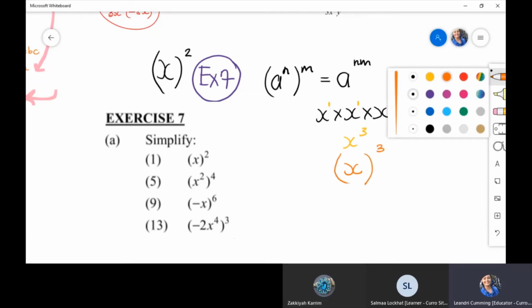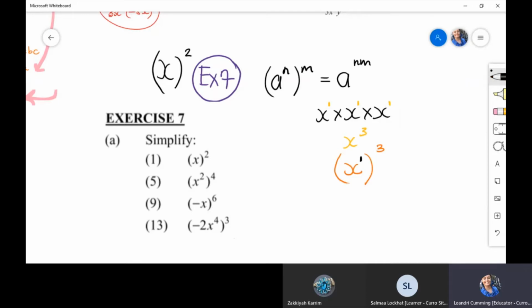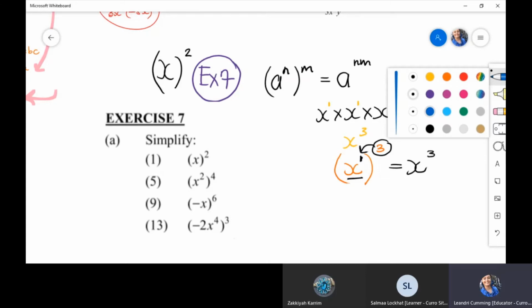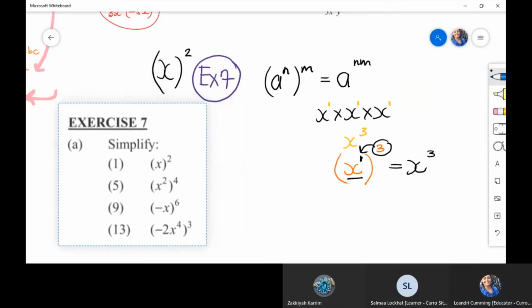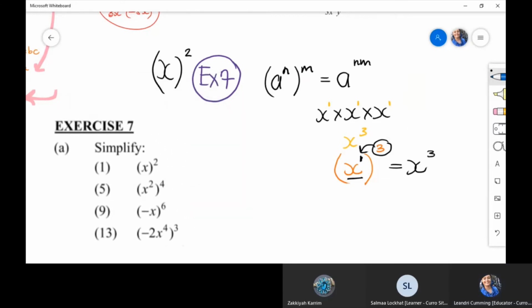If that x carries a power of 1, this is the base, this is the power, I'm multiplying, then I get x to the power of 3. So what my answers would be here is x, bracket, close the bracket, to the power of 2 becomes x squared.